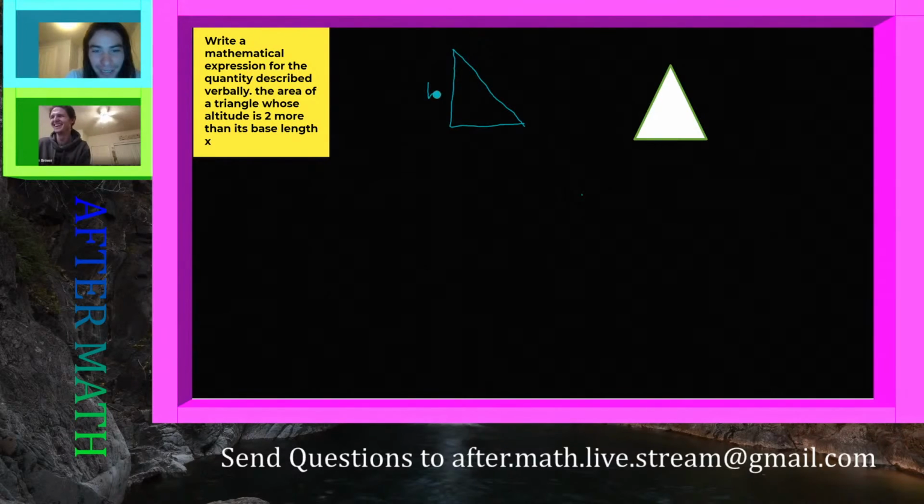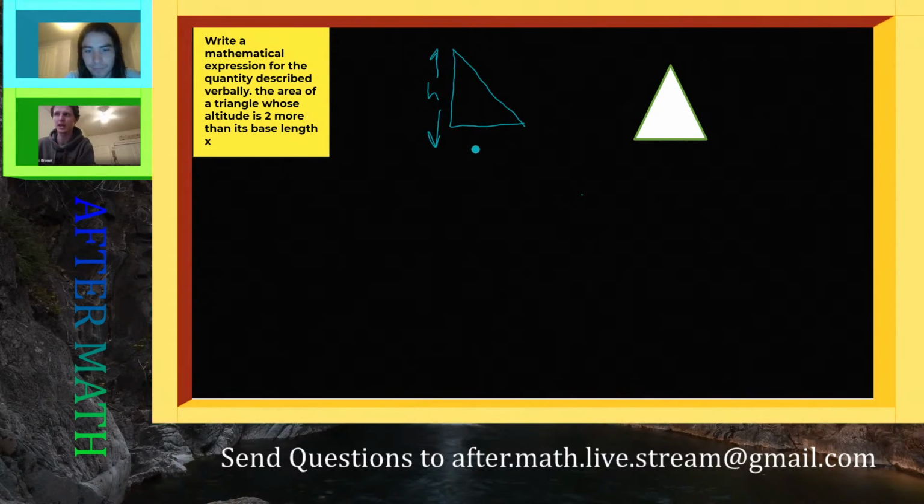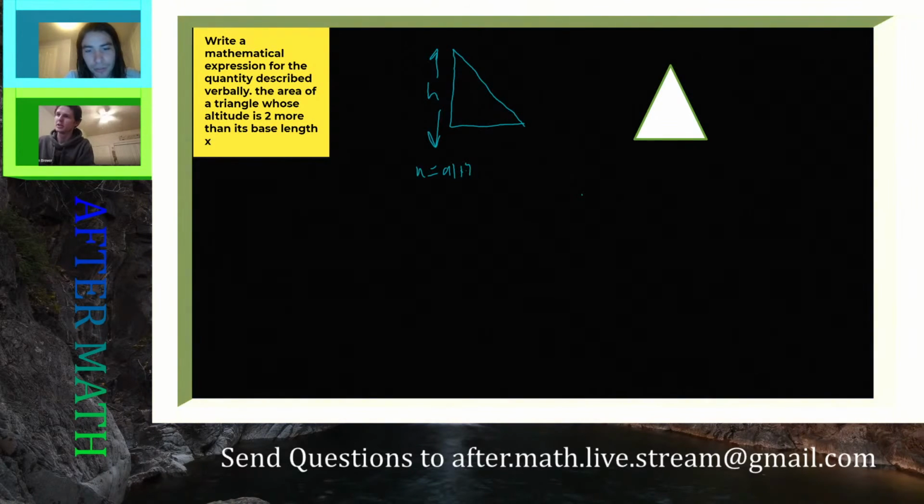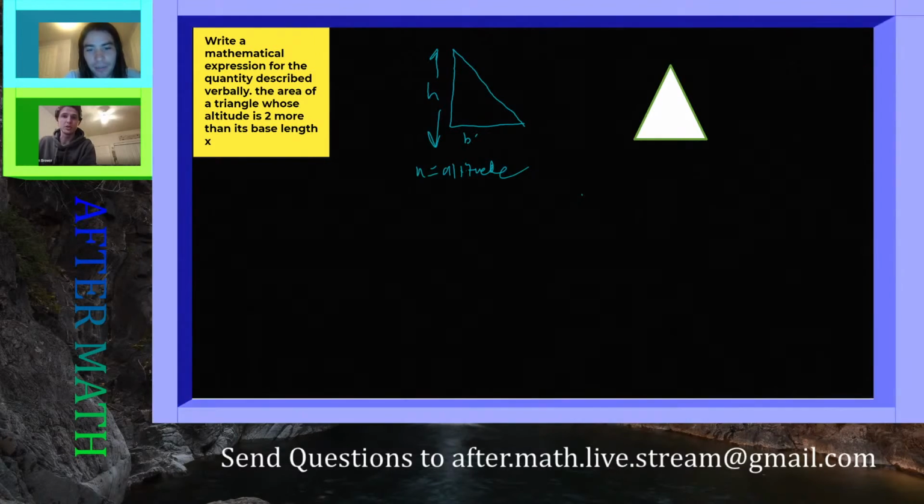So we got the height here. And in this question, height is the same thing as the altitude. H equals altitude. Do you remember what the area of a triangle is? The formula of it?